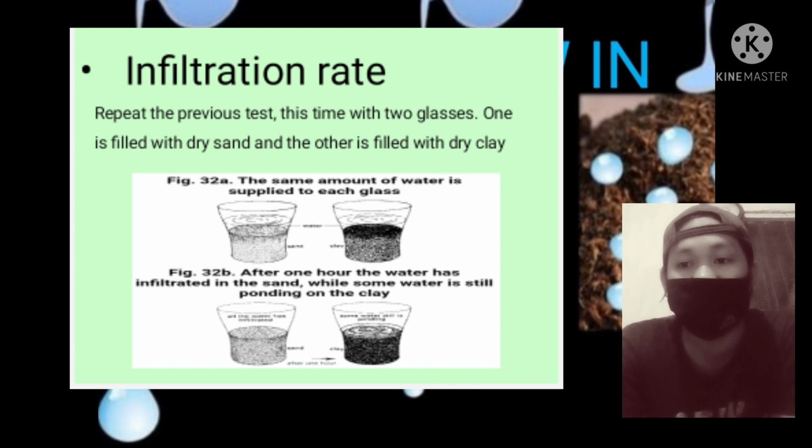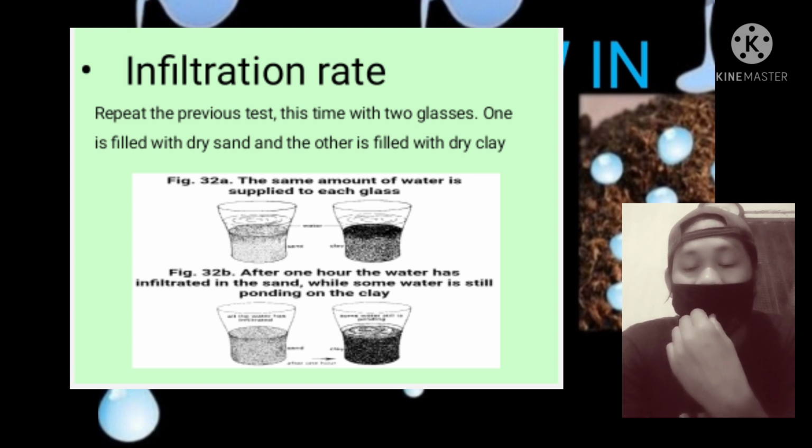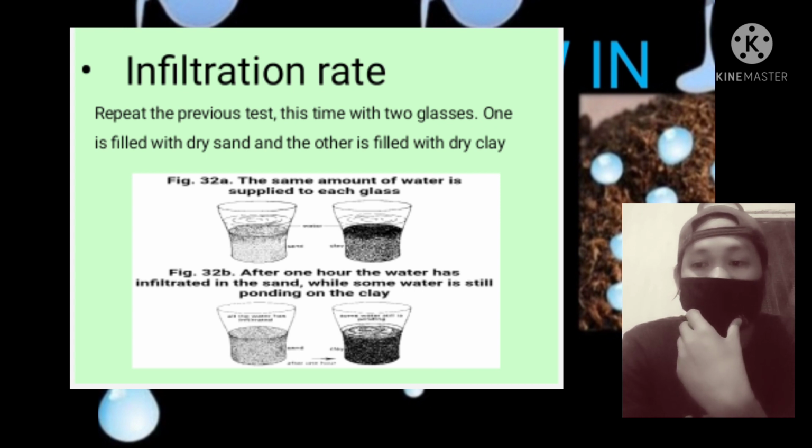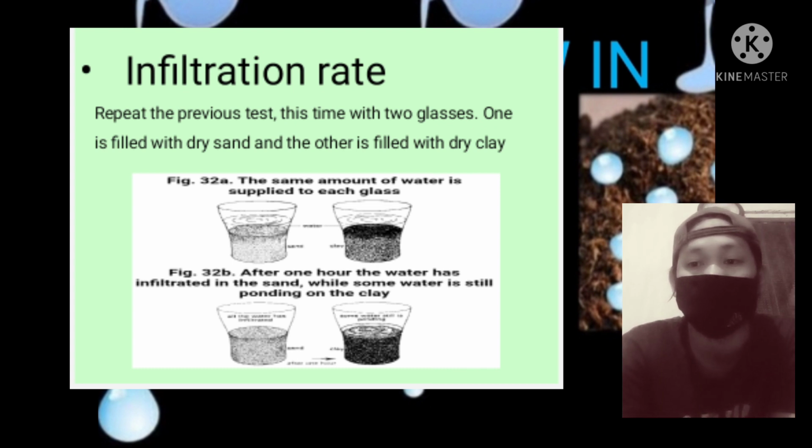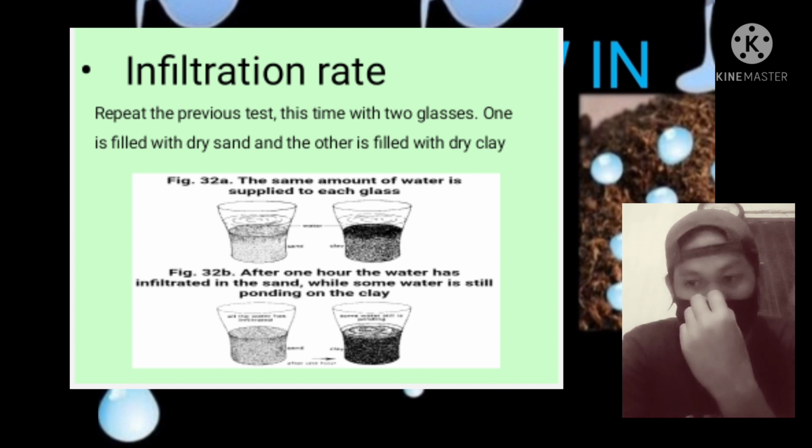Look, mas madaling lumusot yung tubig sa dry sand kumpara sa dry clay. After 1 hour ay may natira pa sa clay na maliit na tubig din. Itong sand na ito ay parang wala lang natira, parang lumusot na agad, faster than the clay.